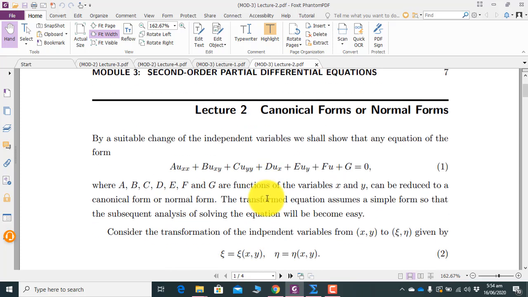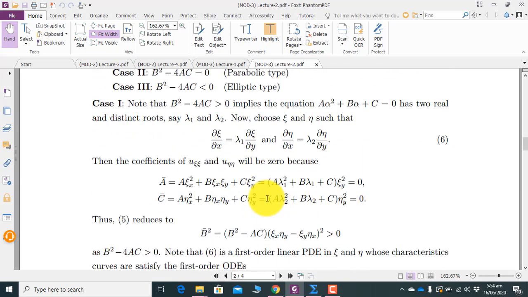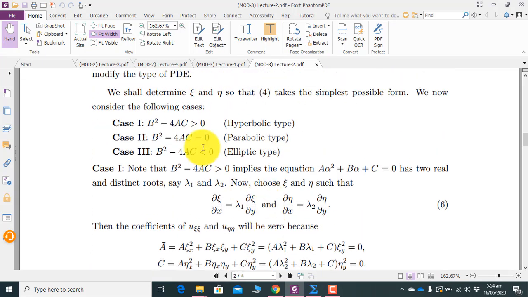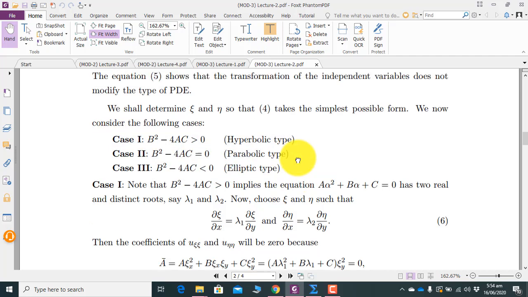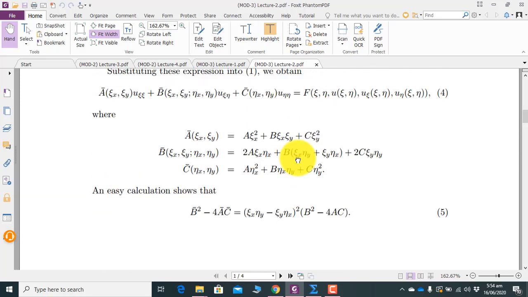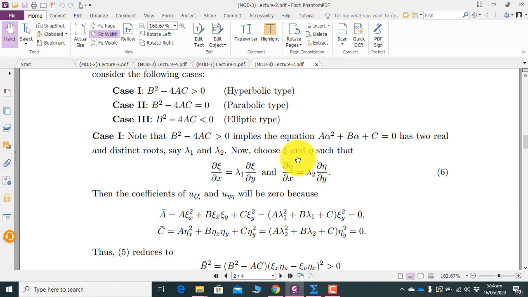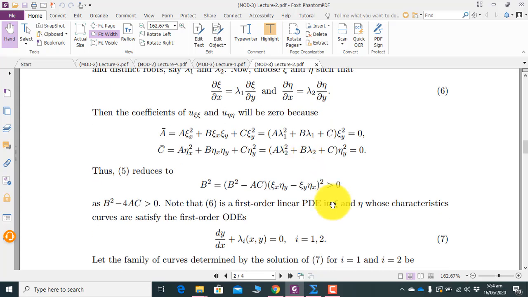It will be easier for you for the coming questions. In the next lecture we will study the cases for canonical forms. I mean, if a partial differential equation is hyperbolic, how can you find a suitable form with the new transformation? Similarly for parabolic and elliptic. Thank you very much for listening.